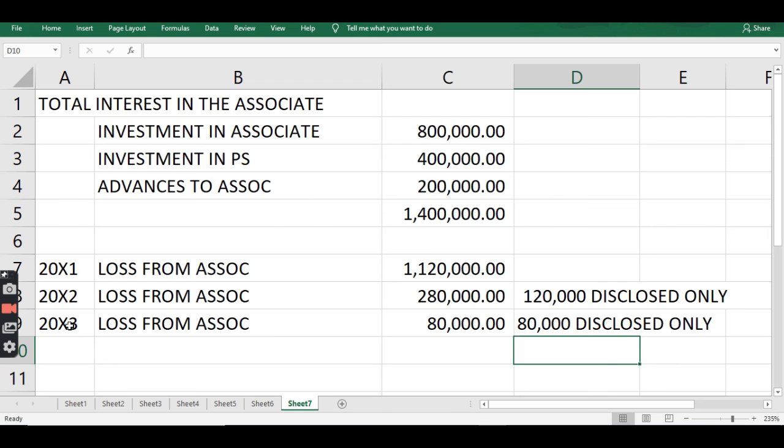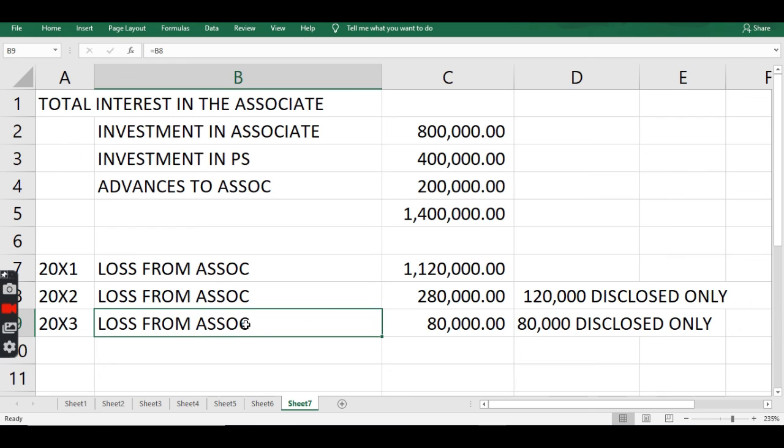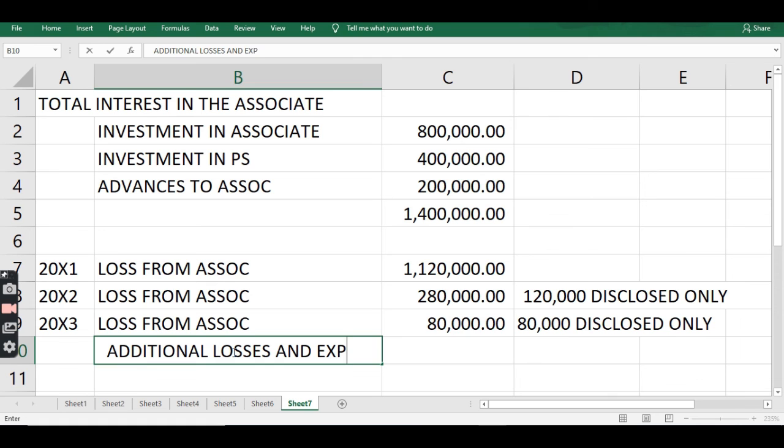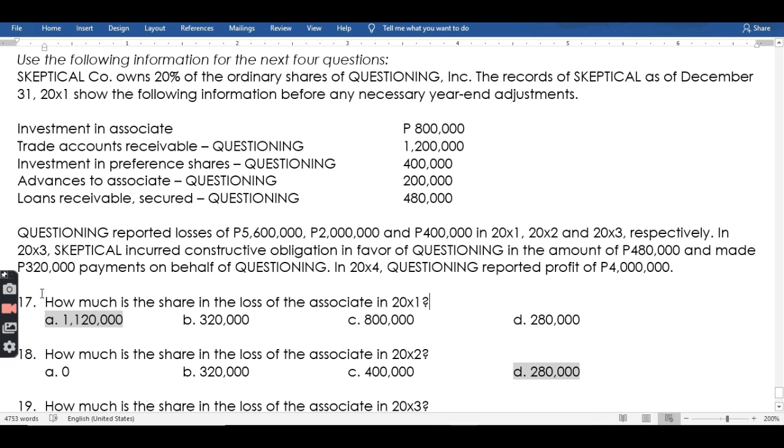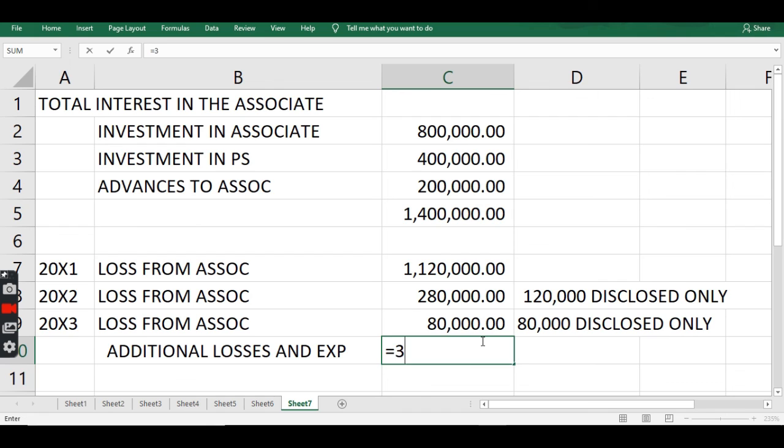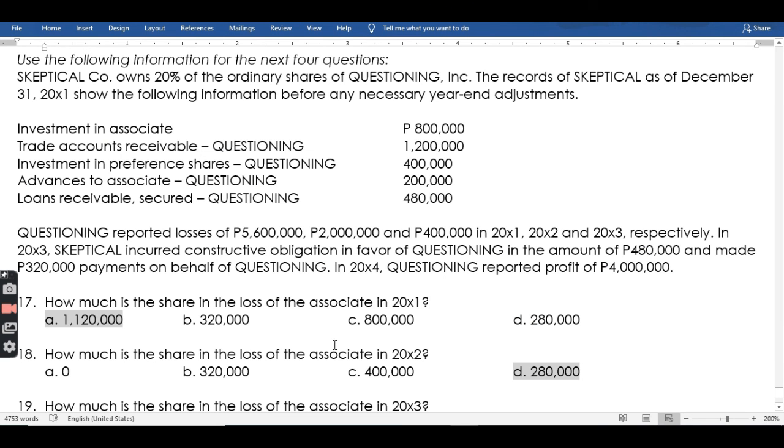So, ibig sabihin, dito sa 20x3 na to, may loss ka from associate, tapos meron ka pang additional losses and expenses na equivalent to 320 at saka 480. So, 320,000 plus 480,000. So, yun yung total na recognize natin. Okay, so ngayon, tignan natin kung ano yung nangyari.